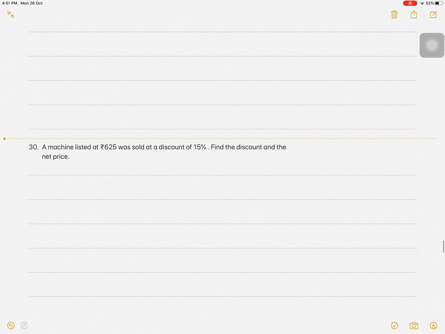Let's see the next problem. A machine listed at 625 was sold at a discount of 15%. Find the discount and the net price. Okay. So list price is given as 625.